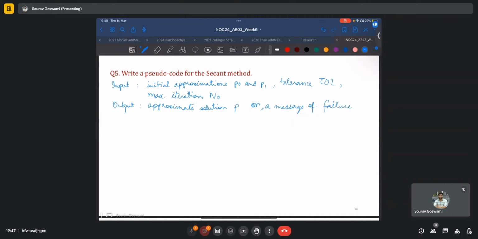And what can be the steps? Here we start by already setting the iterative count to 2 because we are computing these two values. Say rather than P, we denote them by Q here.